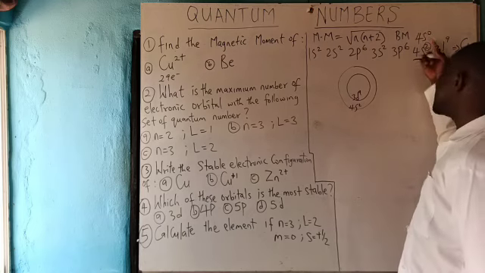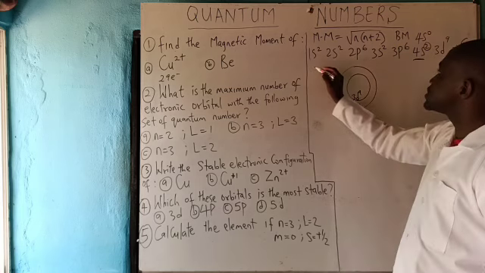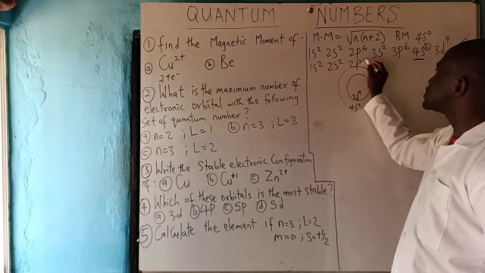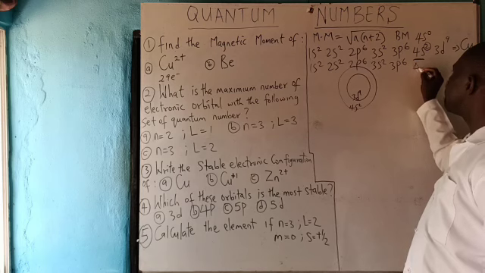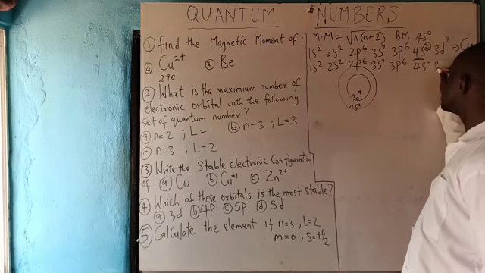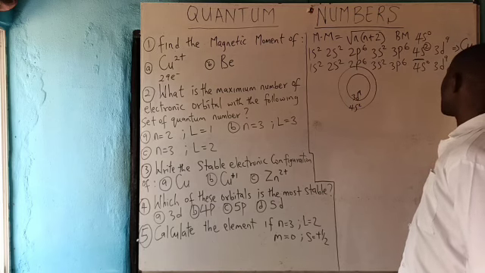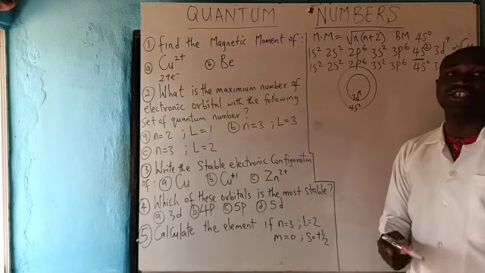That means the s orbital has no electron anymore. So that means 1s2, 2s2, 2p6, 3s2, 3p6, 4s0, 3d9. That is for copper 2 plus.